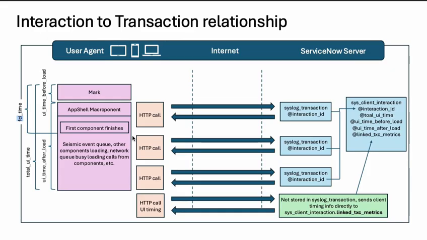So they click on something. What they usually care about is, after I click, when can I start interacting with the page again? I don't care if every single thing on the page is loaded, but once I can start interacting again, that's when they consider that the page is loaded. So FCI time can help understand that.